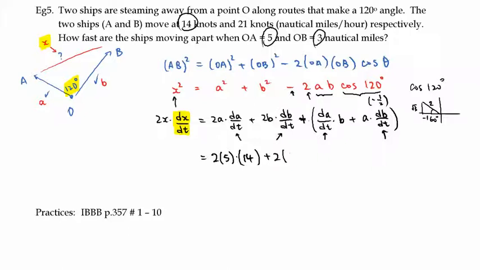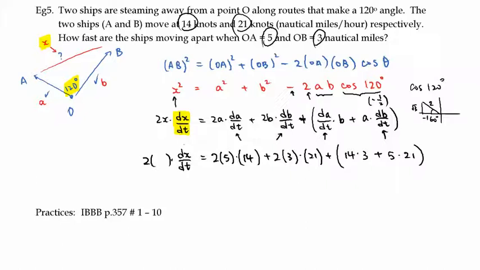When OB equals 3, plug in the number, and here the speed is 21, plus 14 for the speed, and the distance for B is 3, times 5 times 21. On the left-hand side we still have dx/dt times 2x.